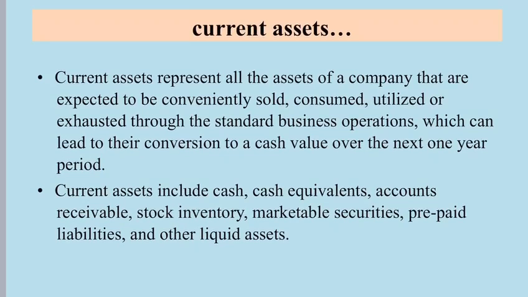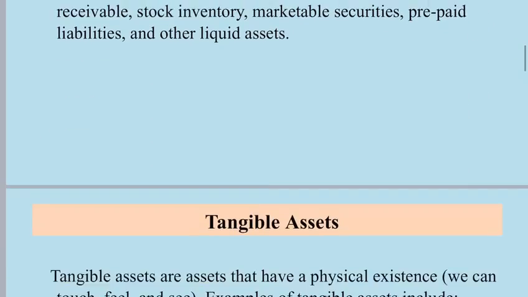But you have to check only two features: that it should be readily converted into cash within a year, and the firm has an intention to consume them, utilize them or use them in their standard operation, to convert them into cash and to generate revenue and income for the business. Such assets are classified as current assets, right.